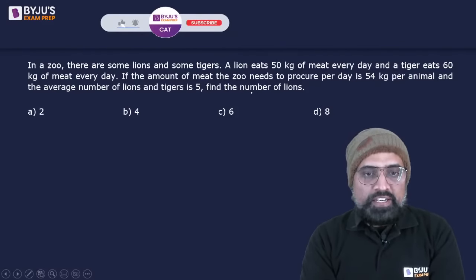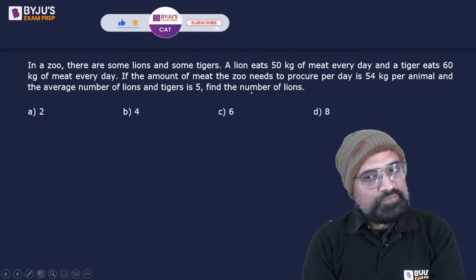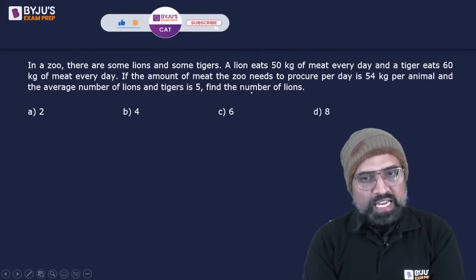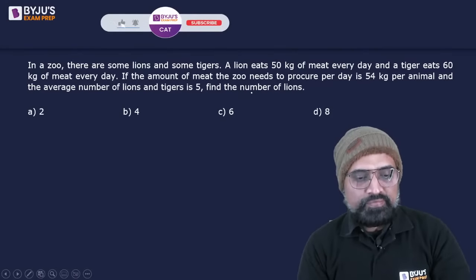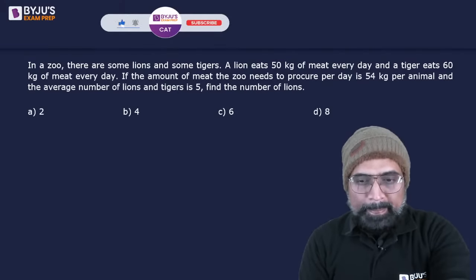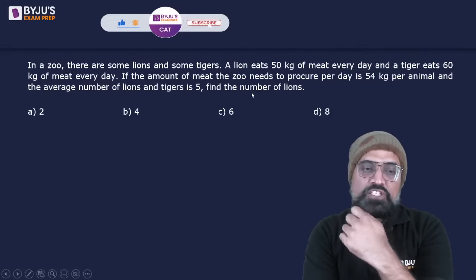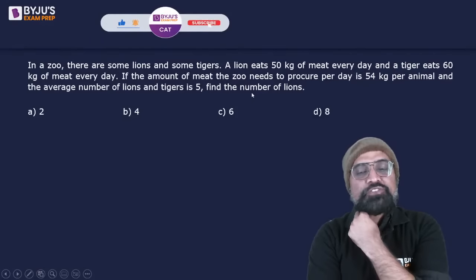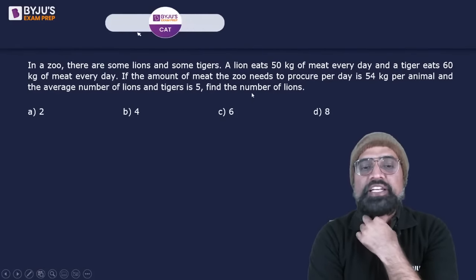Okay, looks like this next question is either average or time work. In a zoo, there are some lions and some tigers. A lion eats 50 kg of meat every day and a tiger eats 60 kg of meat every day.